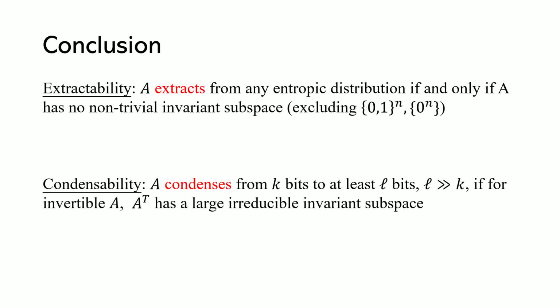More precisely, if A has no non-trivial invariant subspace, then it's a randomness extractor. If A is invertible and A transpose has a large irreducible invariant subspace, then it's a good randomness condenser.